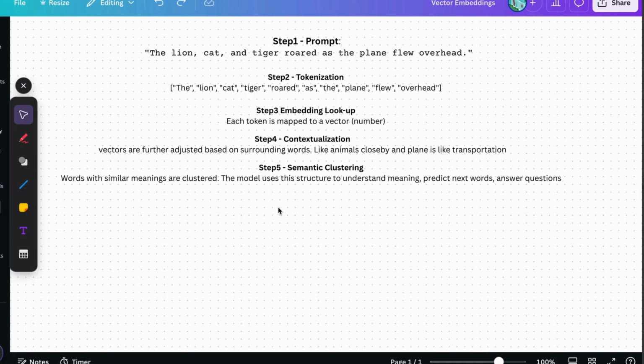Then this structure, the different clusters we are forming, will be used further for understanding the meaning of what is being said, and to predict the next immediate word based on the weightage. If I say lion, tiger, and I want to guess the next word, you can say cheetah, because it's the closest one.